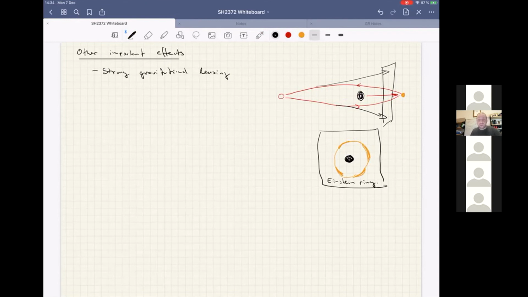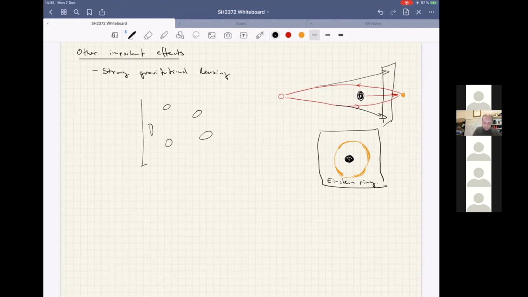So that's a strong gravitational effect. There is also something called microlensing, which is essentially if you look at very far galaxies, and you have many weak things going on in between, a priori, you don't know how the galaxies in the background look like, because they are all elongated like this. And you don't know exactly how you're seeing them, but you can kind of know how this should be statistically distributed.